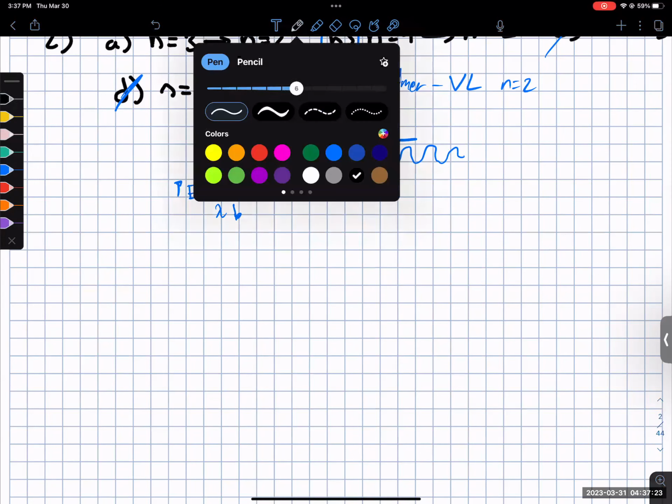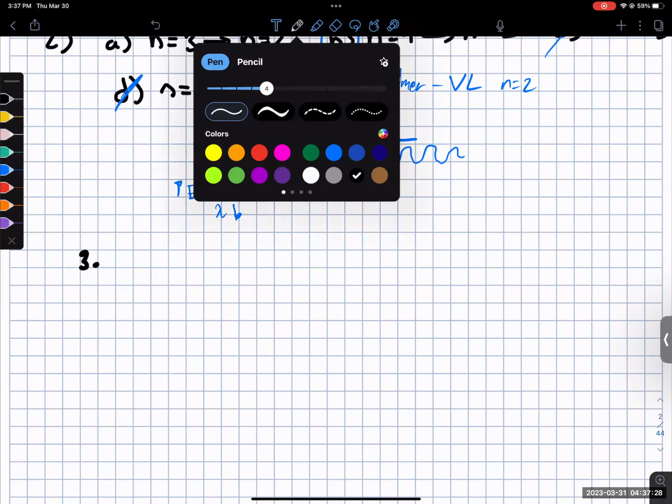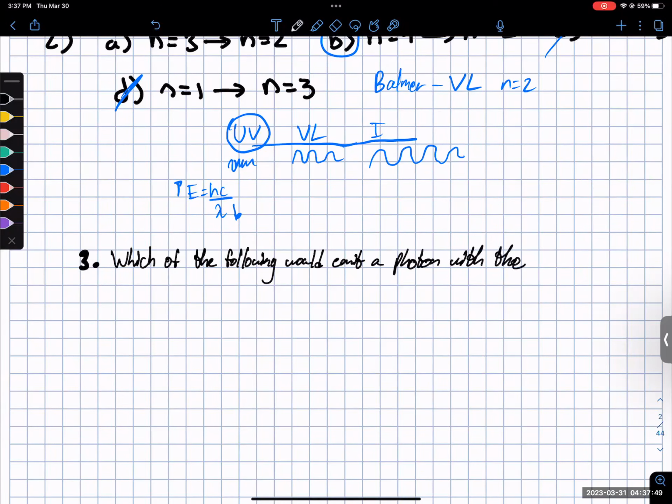All right, last two things. Which of the following would emit a photon with the longest wavelength?